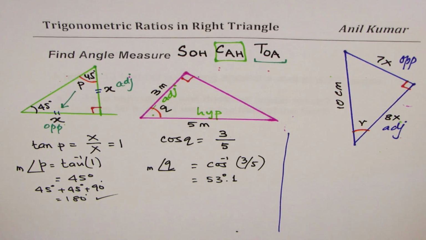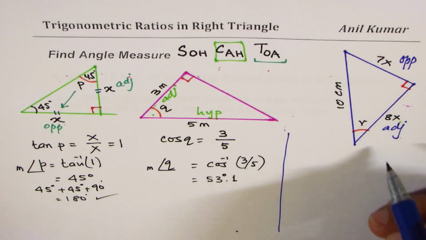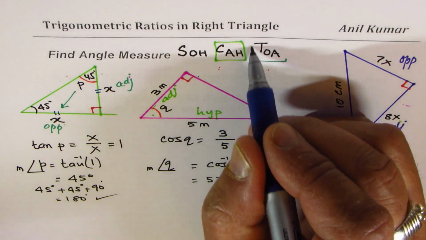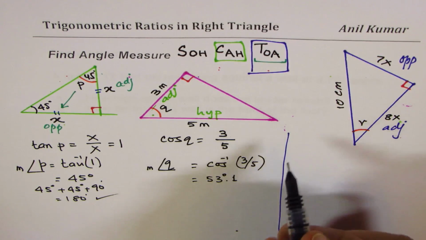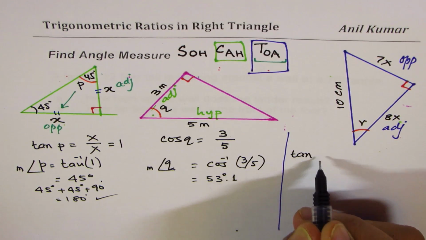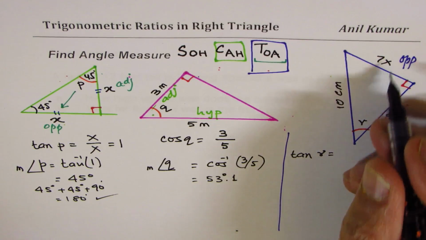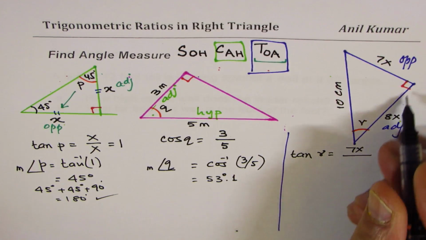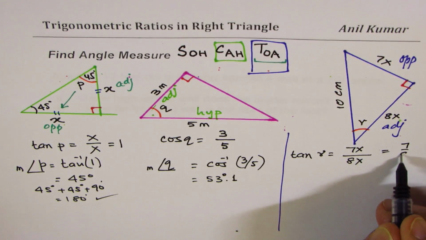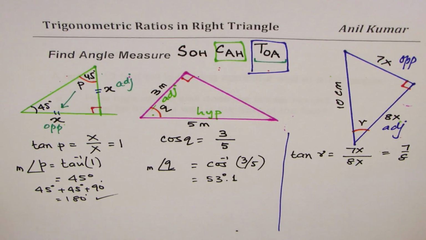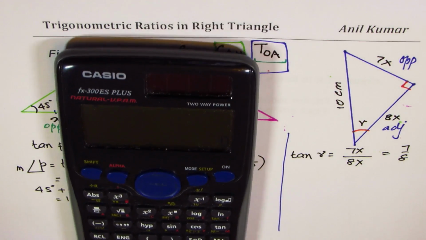So we know opposite and adjacent. That means if you know opposite and adjacent, we should again use tan. So we'll say tan R equals the opposite side 7x over adjacent, which is 8x. See, x cancels. So we have 7 over 8. That's the beauty. So don't use the 10 centimeter side, otherwise you get a wrong answer.